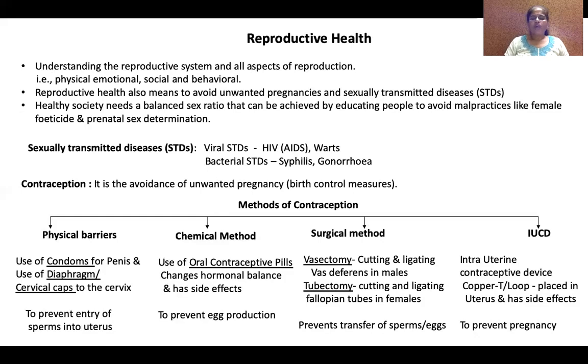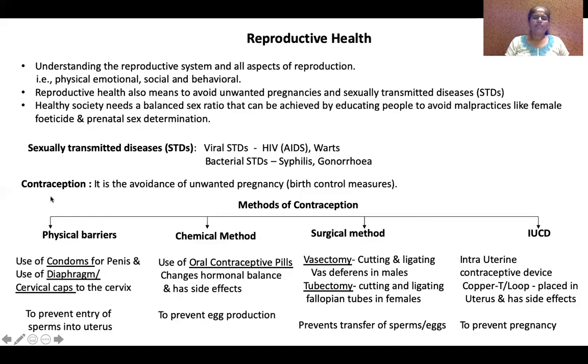How can we avoid unwanted pregnancies and sexually transmitted diseases? The first and foremost care we have to take to overcome sexually transmitted disease is to have safer sex. Next, to avoid unwanted pregnancies, there are many methods.